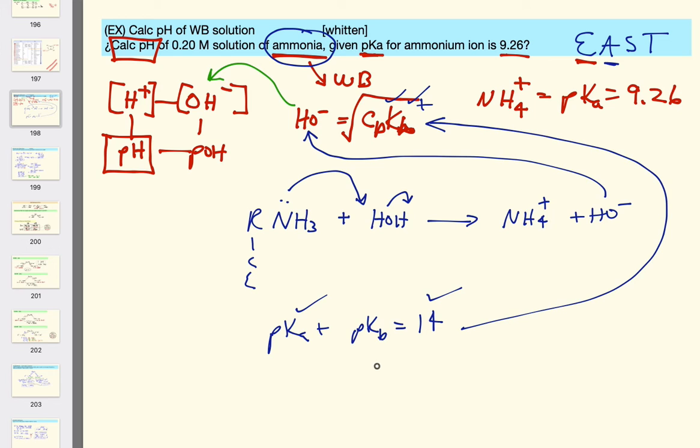And once I calculate this, what can I then calculate from it? I can calculate Kb using the minus log relationship, and now I have it. Now, boom, I have it.